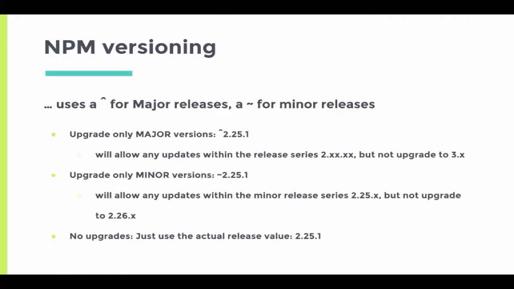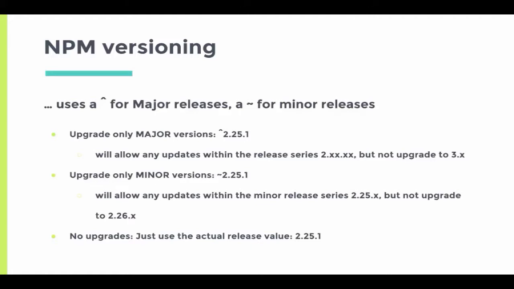For only minor version upgrades, the tilde tells NPM to update only minor version upgrades. Then, if we want to just stay on a specific version, we can just put the actual version number in with no tildes or carets, and no upgrades will automatically happen. We can change the number when we're comfortable with an upgrade and feel it's safe to apply.